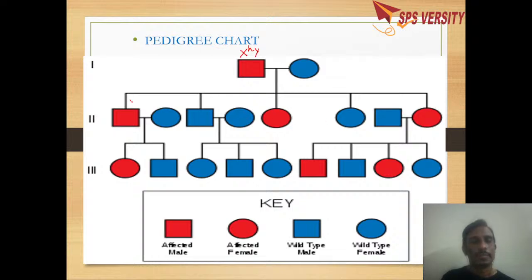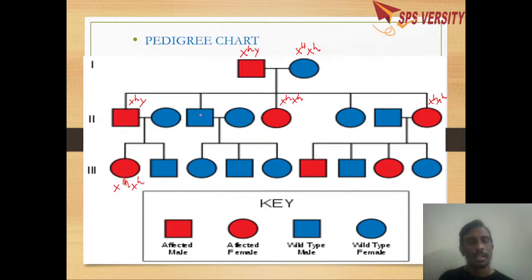So one son is affected, X h Y. Female is affected, that is X h X h. Another female also affected, X h X h. So that means the mother is carrier. See here, the first child in the second generation, they have 2 children, one female is affected, X h X h.